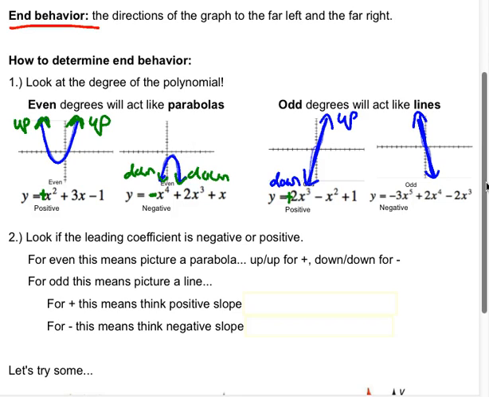And when it's negative, think of a line that has a negative slope like this. It's starting up and moving down. So as long as you can remember the basics of what to picture, you should be absolutely fine. Positive means think positive slope, so it starts down and works its way up. Negative slope starts at its top and works its way down. Again, all I'm looking for are those words: up, up, down, down, down, up, or up, down.